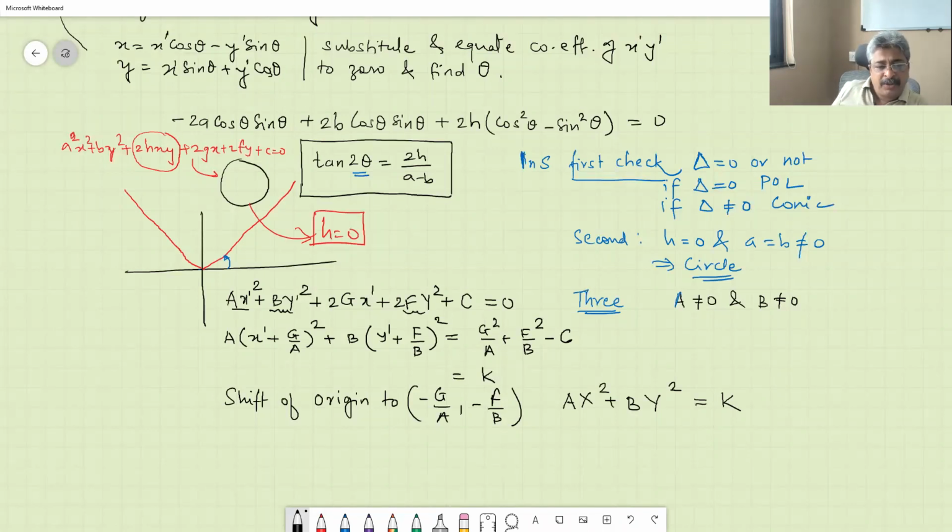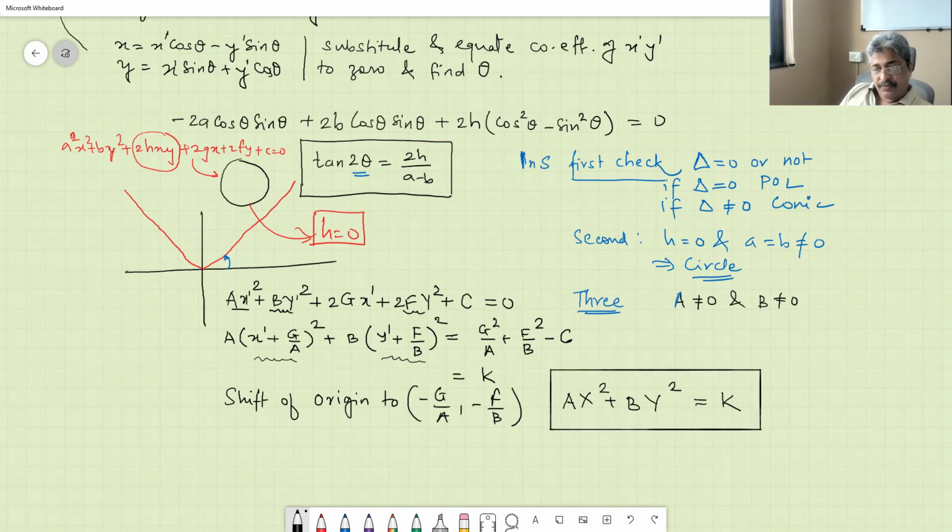After the shift of origin, we are just calling this bracket capital X and this bracket capital Y. That is all about the shift of origin. And therefore, the RHS constant is not going to change. Now, we have reduced the given equation to this form, provided A and B are not equal to 0.